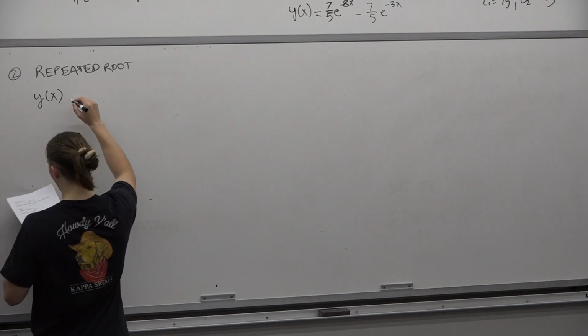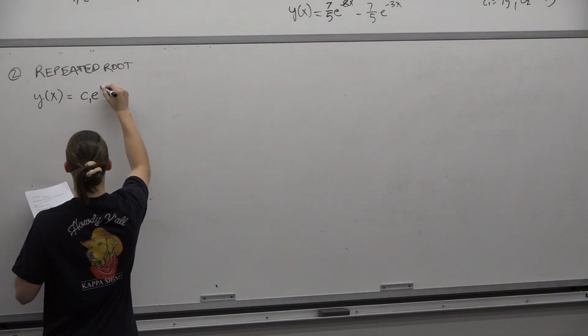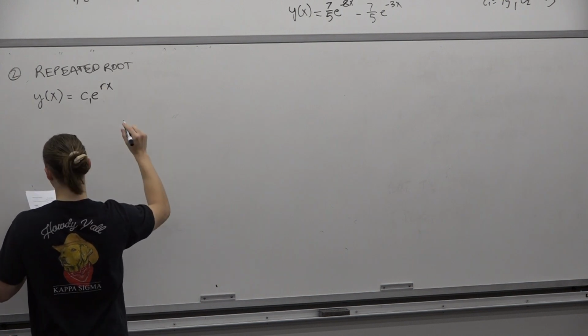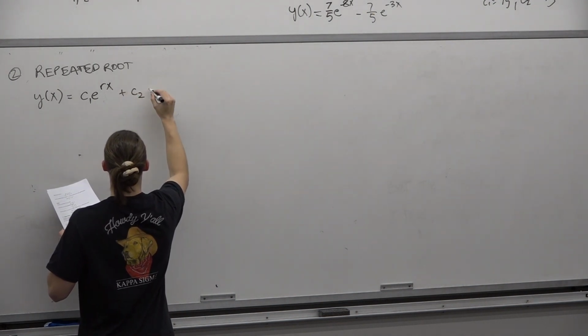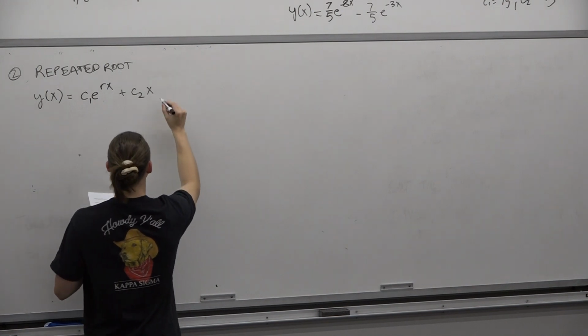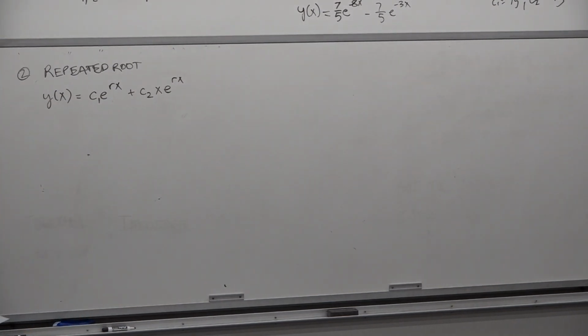If y of x equals c1 e to the rx, and then our second term is multiplied by an x. There's our solution form.